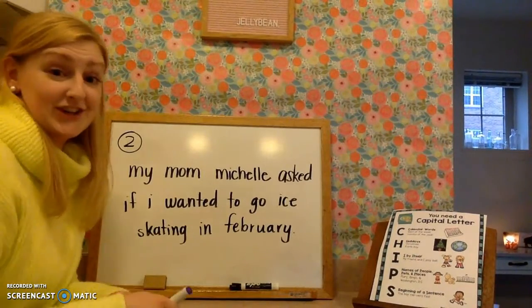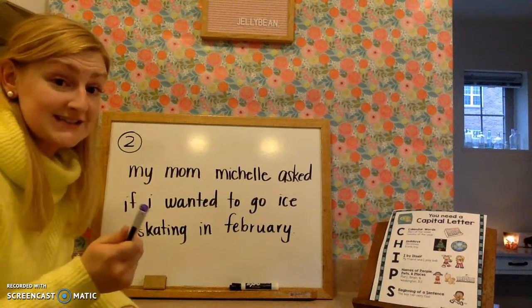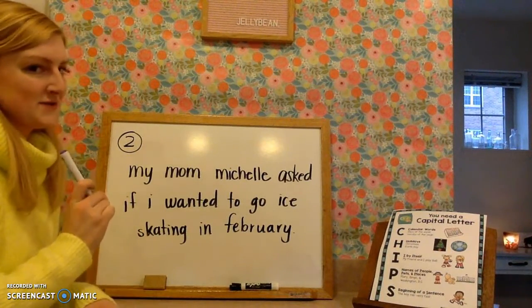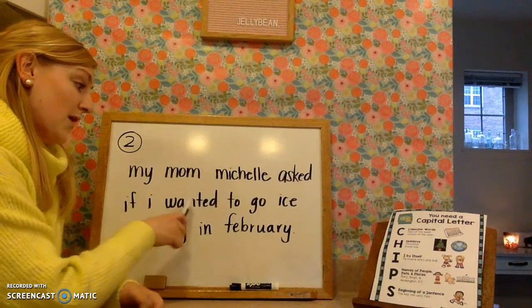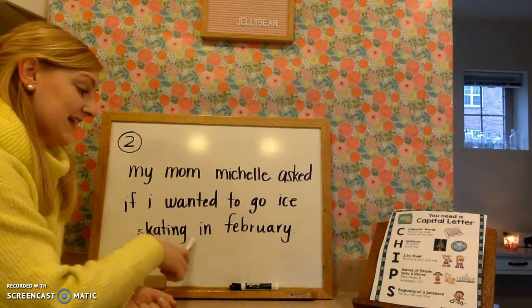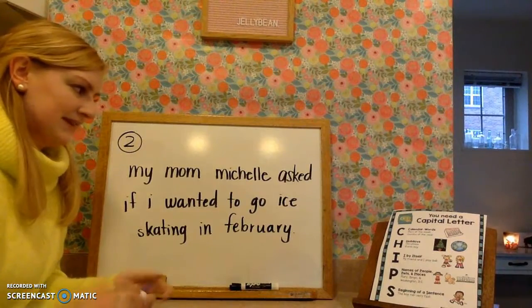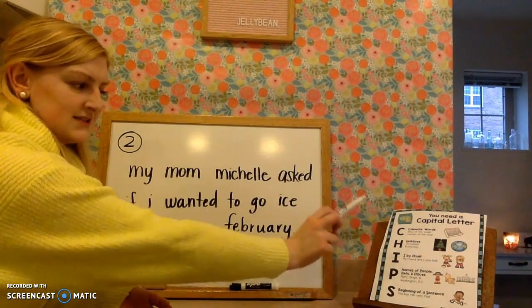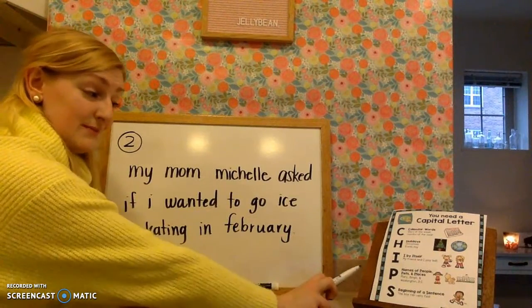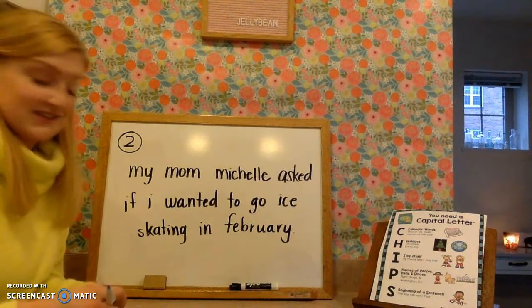All right, taking a look at number 2. Remember, I've got my sheet right here so that I can remember what needs to be capitalized. I'm going to read it to you. My mom, Michelle, asked if I wanted to go ice skating in February. All right, so let's think about that for a second. Calendar words, holidays, I by itself, names of people, pets, and places, and the start of a sentence.